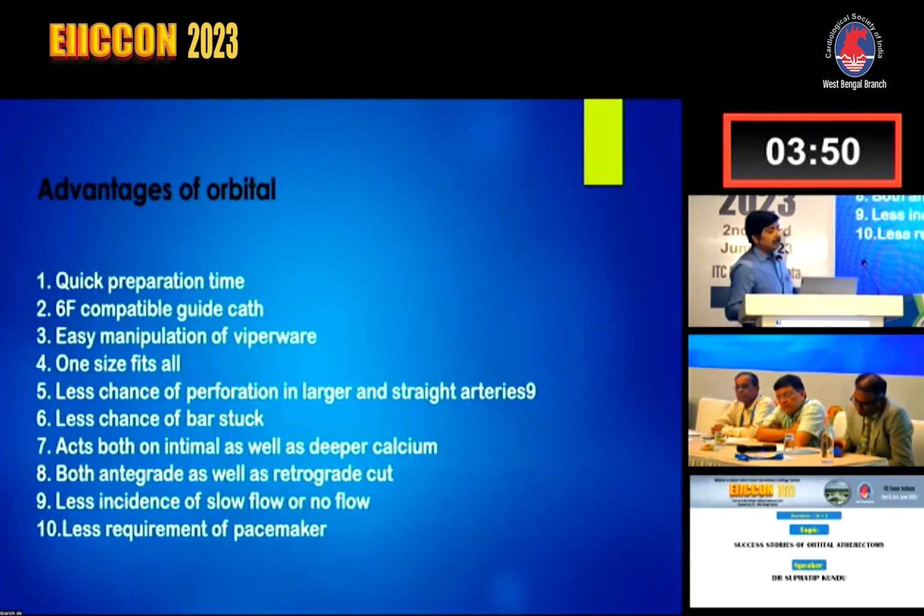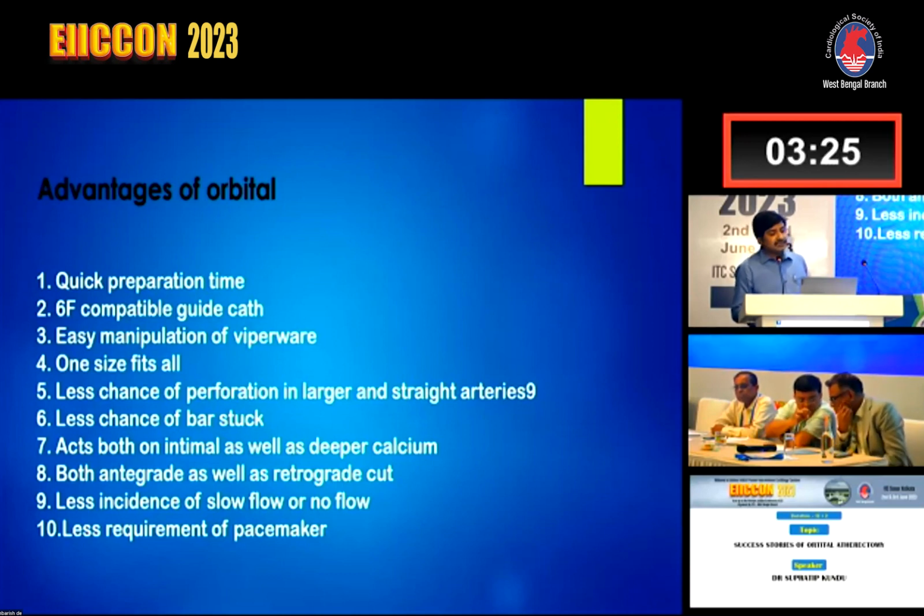So we have summarized the advantages of orbital. Number one is a quick preparation time, because it doesn't require any nitrogen pump or things like that. Just an electric power driven portable cable, which is connected from the OAS pump to the electric motor power handle and the lubricant solution. Next is the 6F compatible guide cath. Easy manipulation of Viper wire; Viper wire is just like our regular workhorse wire.